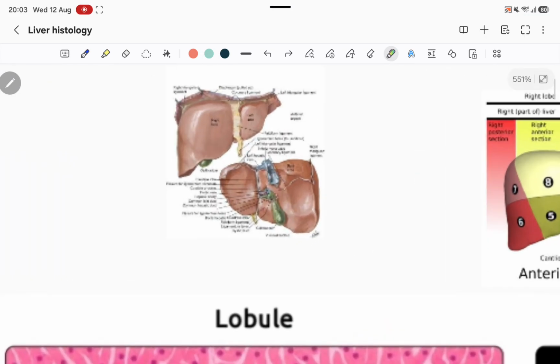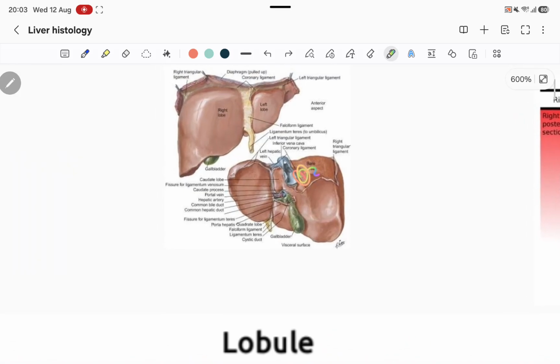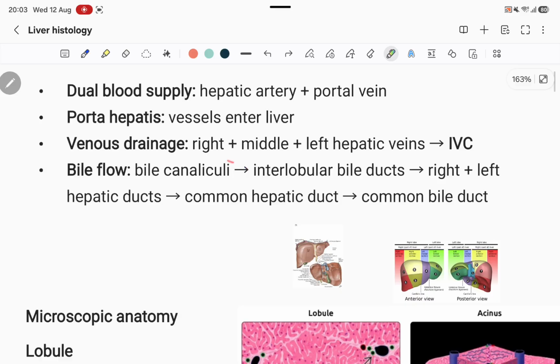Your bile flow, of course, comes from the inside of the liver and into this gallbladder. You've got very small canaliculi, which are between the hepatic cells, hepatocytes, which are the liver cells, and then the interlobular bile ducts, which are the actual ducts, but now they are very small, between the lobes.